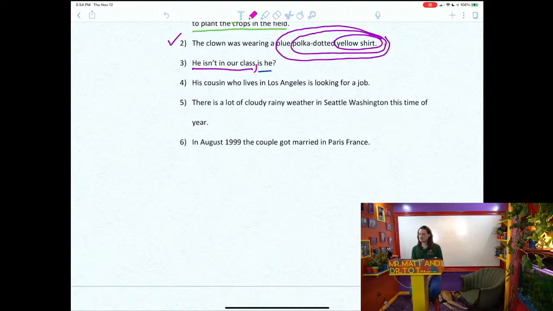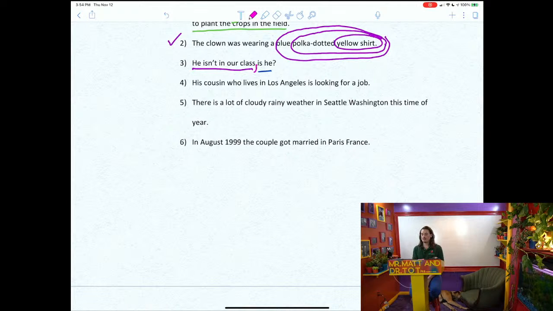Number four, his cousin who lives in Los Angeles is looking for a job. So here, his cousin who lives in Los Angeles, normally that clause, who lives in Los Angeles, would be considered non-essential to the meaning of this sentence, but understand that without it, we don't know the specific individual of whom we're speaking.